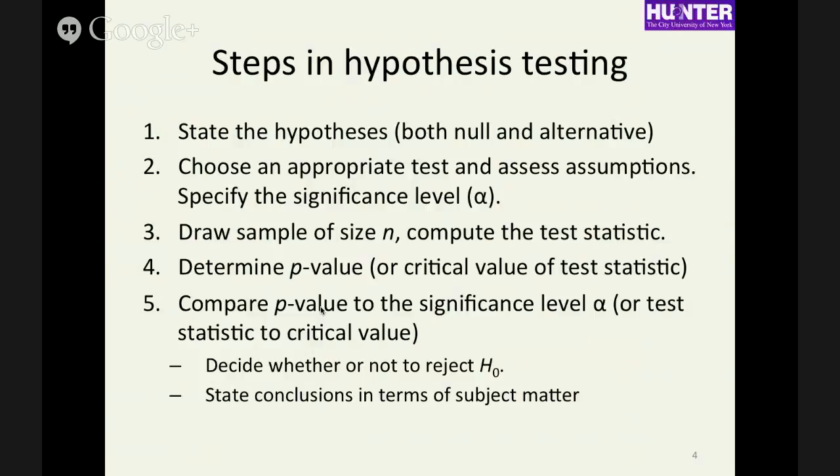And you come to the same conclusion as if you build a confidence interval and reject the null hypothesis if the population mean under the null is outside of your confidence interval, right?